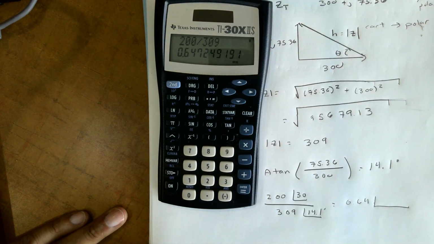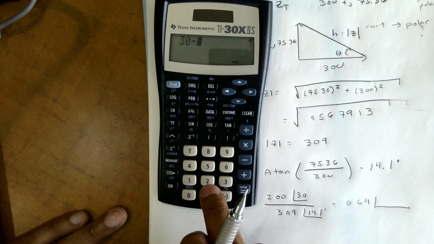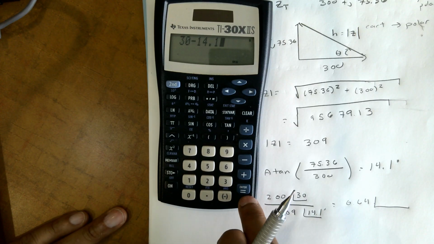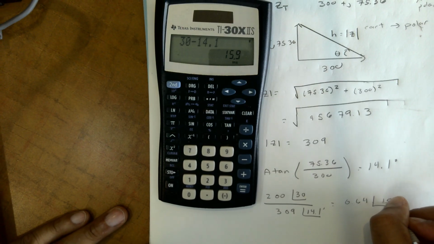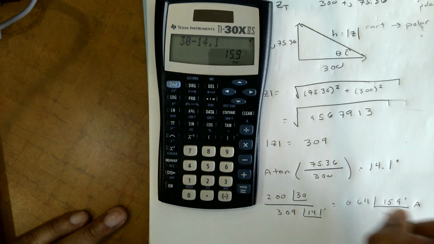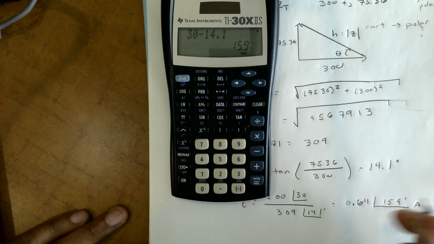Your numbers may be off slightly depending on your decimal places. And 30 minus 14.1 gives us 15.9 degrees. And that's our amperage. So that should be 0.64 over here, right? So that's our I.